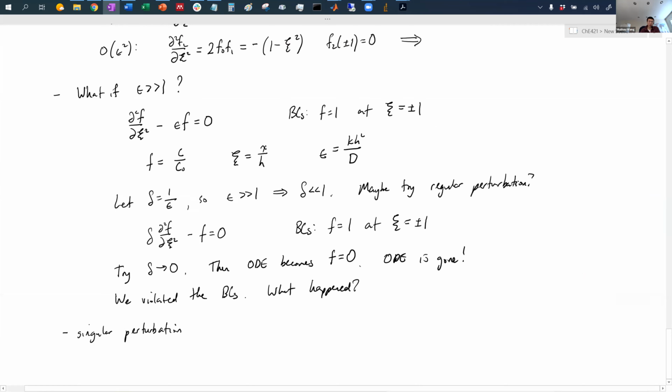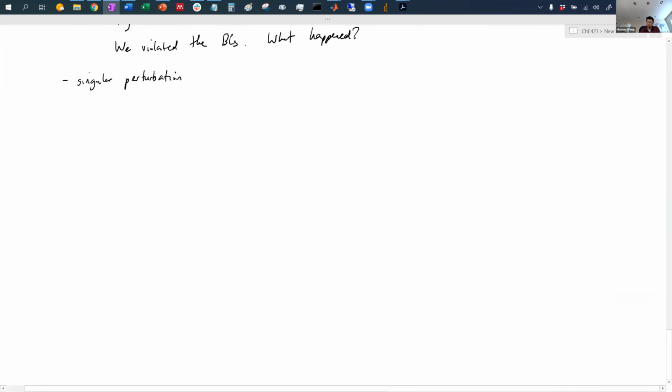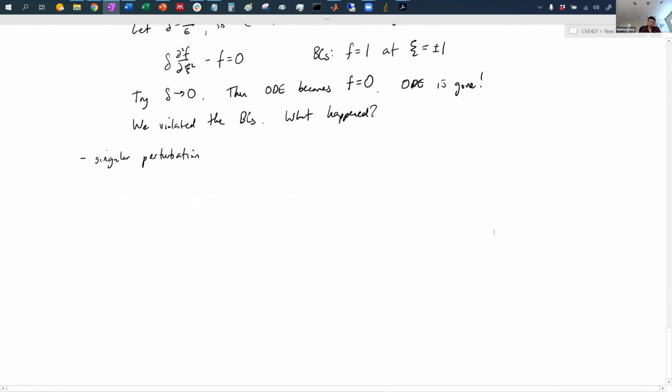So what I'll say is, there we go. Okay, computer's a little slow, sorry. So singular perturbation is useful when we lose the leading order derivative when applying approximation. Okay.